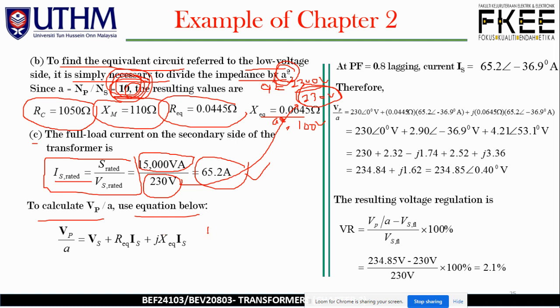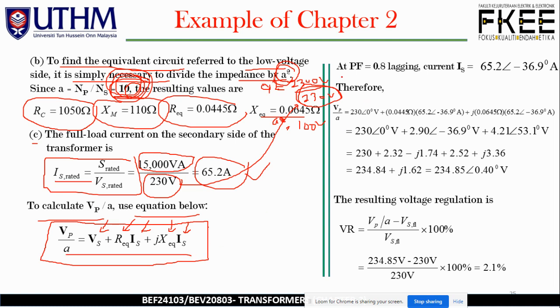This is derived from the KVL of the equivalent circuit of the transformer. VP over a equals VS plus REQ IS plus jXEQ IS. All of this has been calculated and provided, so we just need to substitute and solve the equation.